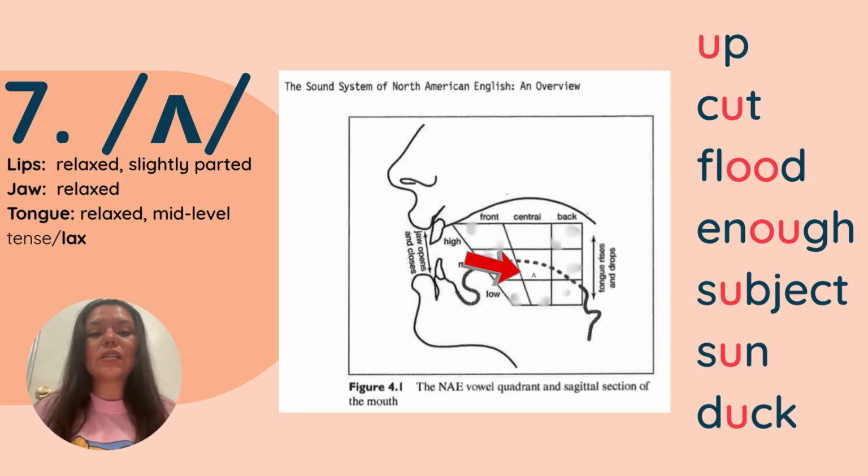Again, one of 5 lax phonemes. And we hear that sound when we see spellings and words with the U, double O, and OU combinations, as in up, cut, flood, enough, subject, sun, and duck.